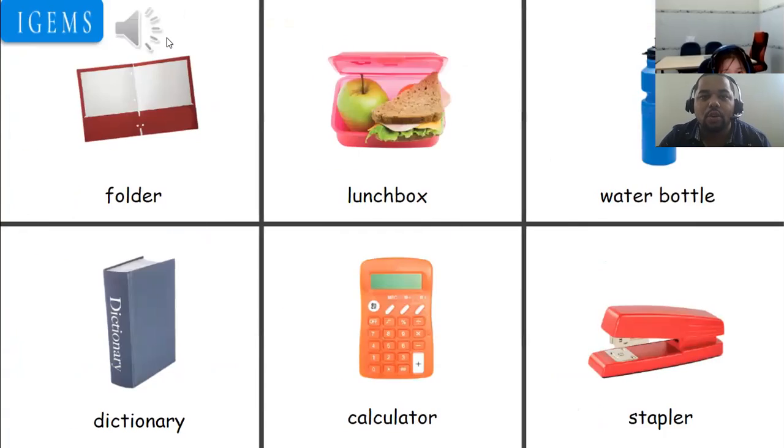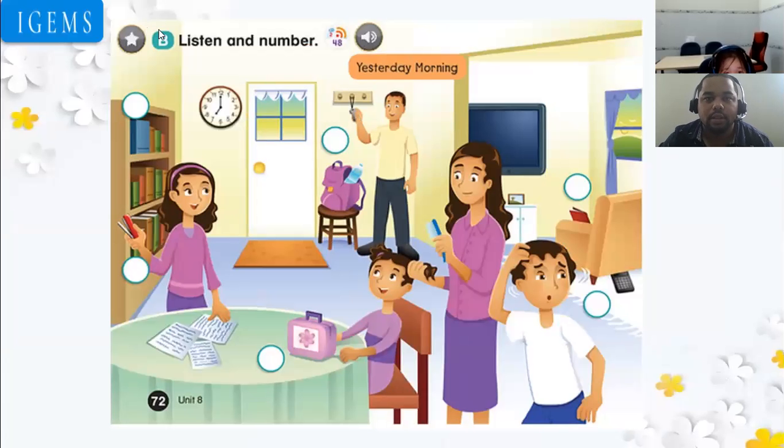So now we are going to do the following. Look here. We're going to listen and number, to see what everybody is getting ready to look for. Number one. Can you tell me what number one has in her hand?